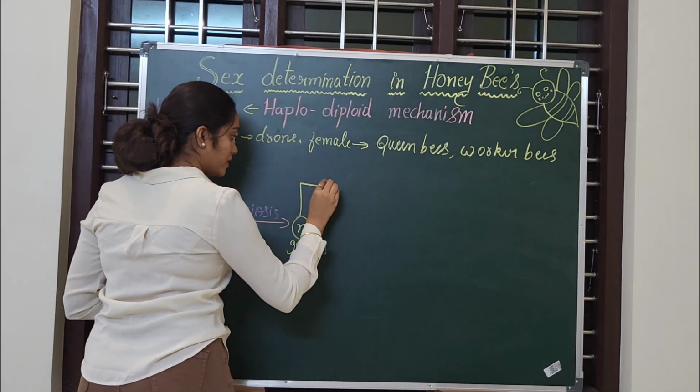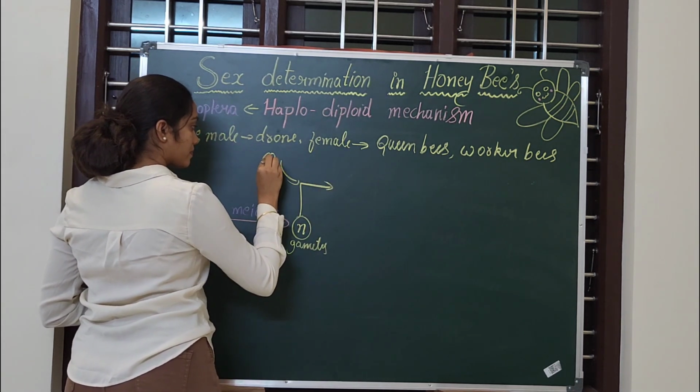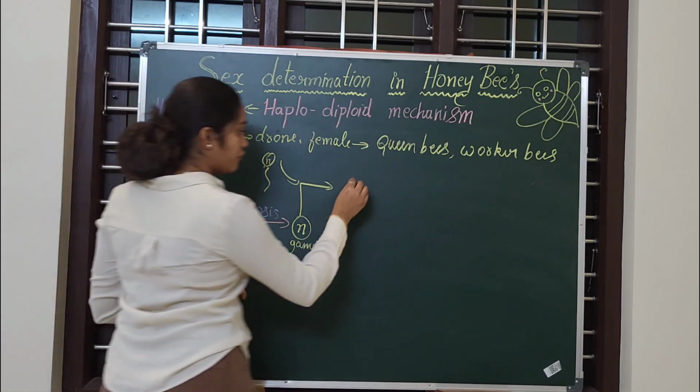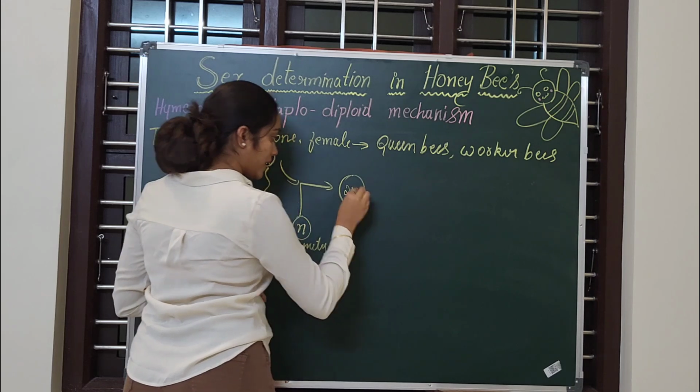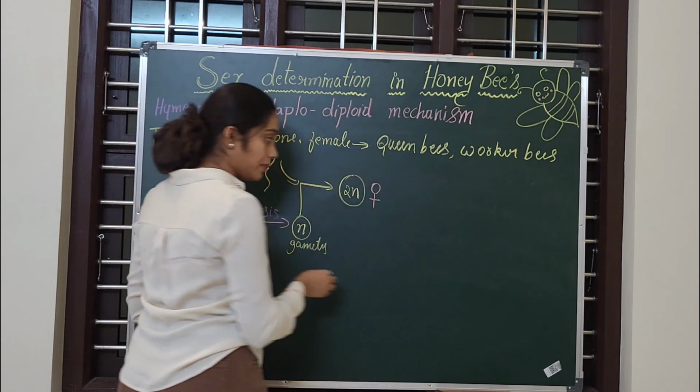Now, if these gametes get fertilized by a sperm from a drone, then it forms a diploid young one. Whenever it forms a diploid, understand it is forming a female.